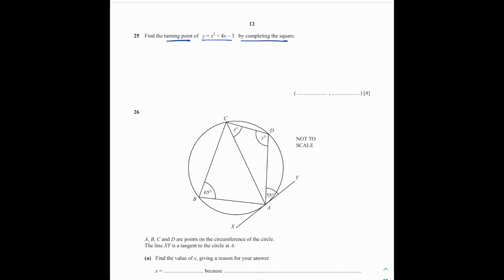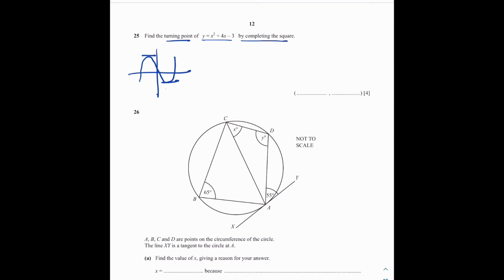And find the turning point. Some backstory on what a turning point means. Let's say you have a graph that looks something like this. That's a bad graph. Something like this. Better. So this and this are your turning points.